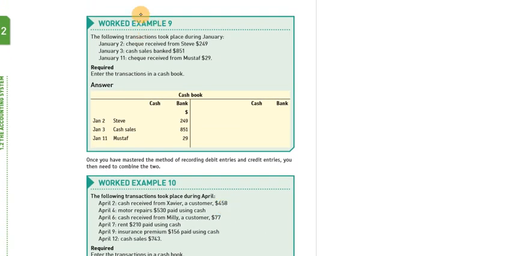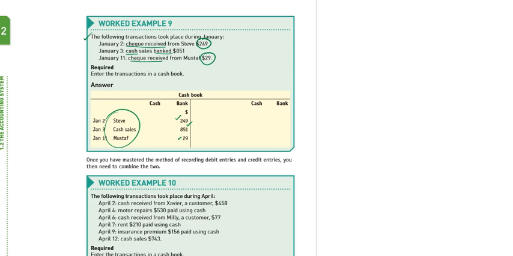And here is worked example 9. Here again, cheque received relates to bank, and cash sale relates to cash. There are two bank receipts, 249 and 29, which will be recorded in the bank, and the cash sale of 851. This is an increase in our bank, so we record the bank receipts on the debit side in the bank account.